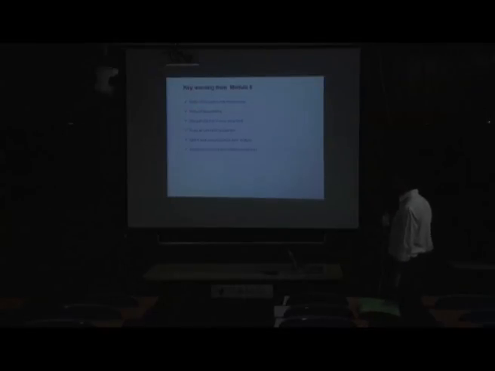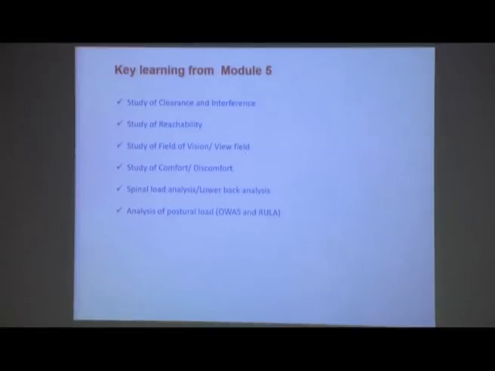Next we discussed field of vision or view field. There we discussed eye view angle, view cone, eye view window, reflection zone, and obscuration zone. These are the different tools available in digital human modeling software, and we discussed how to evaluate vision or view field with them.